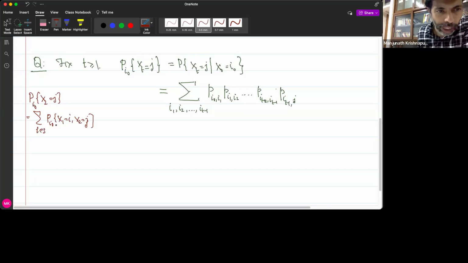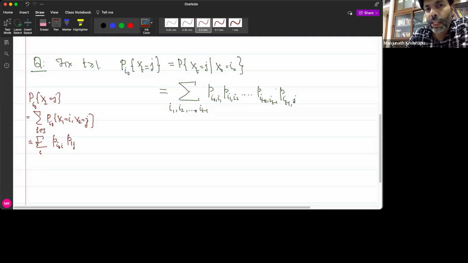So I sum over all i in S. I don't care what X1 is, I only want X2. So that will give me the sum over i of P(I0, i) times P(i, j), because this we have already calculated. That is exactly the t equal to 2 situation that I have written.